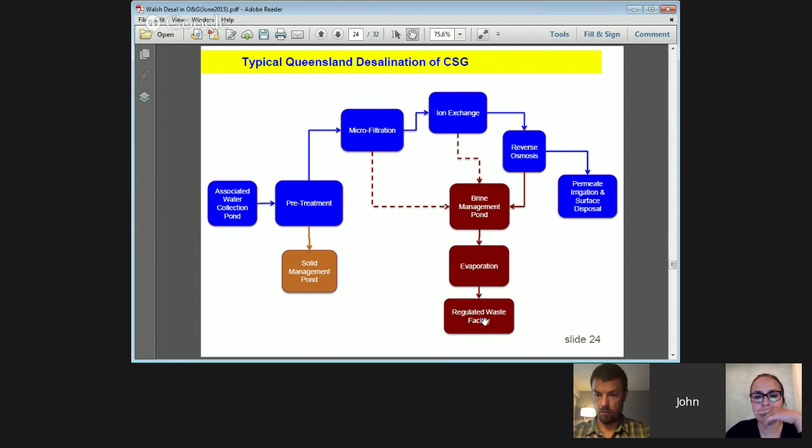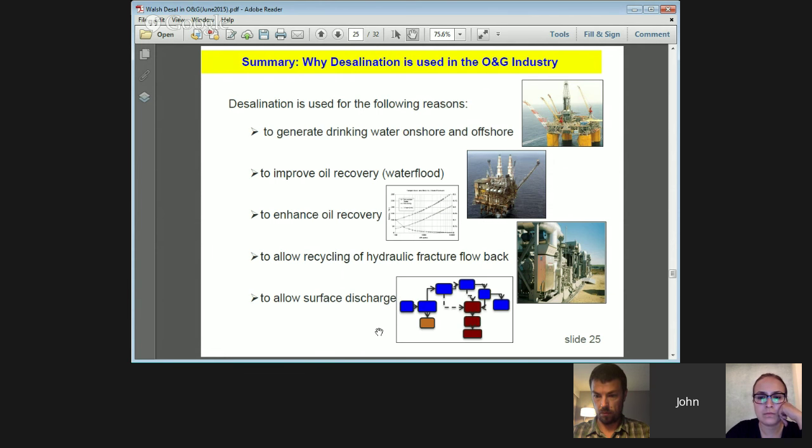waste facility. So I hope I've given a sense of both the enormous breadth of application of desalination in the oil and gas exploration and production industry, as well as provided some depth in a couple of the technologies. We talked about desalination for drinking water, both offshore and in the desert, improved oil recovery through water flooding and the problem of barium sulfate scaling, as well as souring.